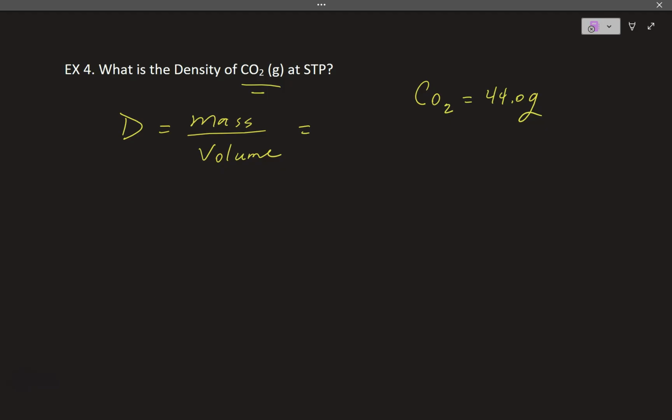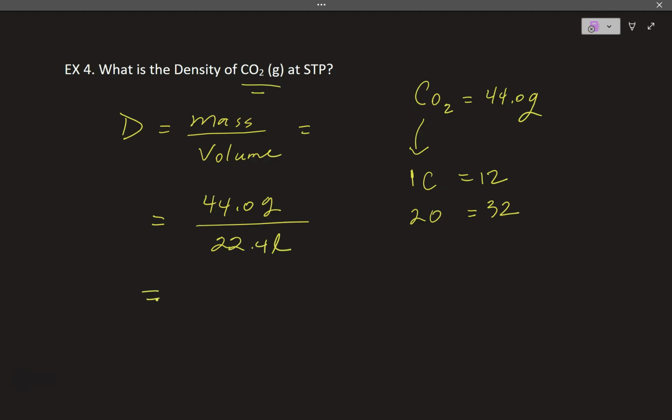Remember, that's 1 C, which is 12, and 2 oxygen, which is 32. Then we just punch numbers in. So 44.0 gram divided by 22.4 liter. When you do the math, you will get 1.96 gram per liter. That's the density.